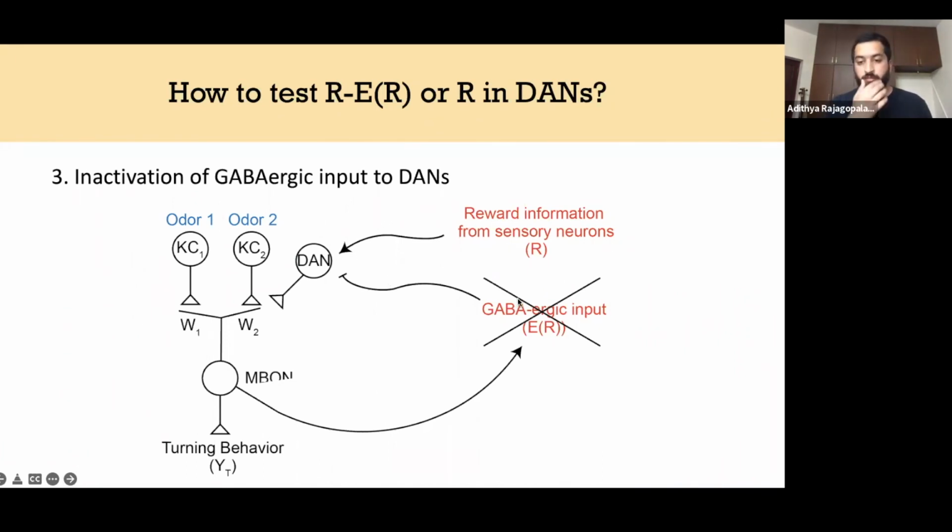And so another experiment that we have just set up the flies for, that I will go back to test, are ones where these GABAergic neurons are constitutively inactivated. And so we would be able to, again, change what could potentially be an expected reward signal to just a reward signal.